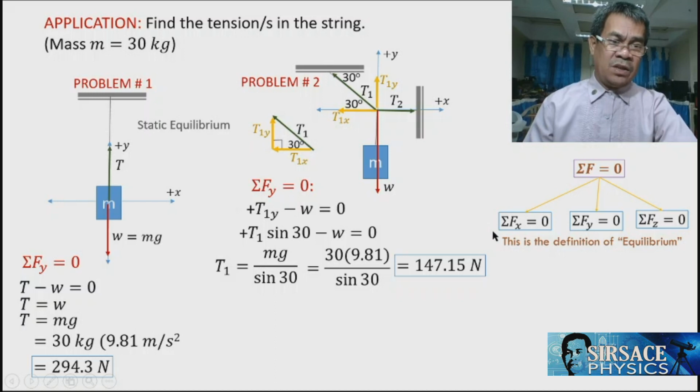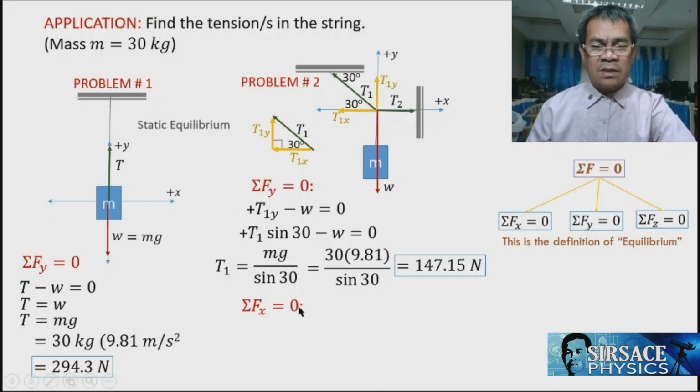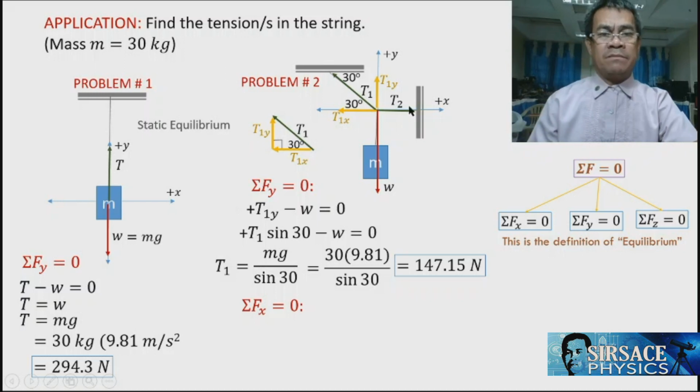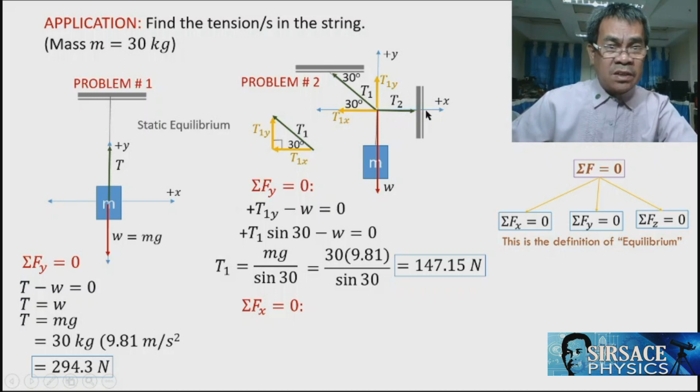This time, we use the summation of forces along x equal to 0. So, what are the forces along x? Summing up all forces along x should be 0. So, meaning identify all the forces along the x. Look at the free body diagram. In the x-axis, there are two forces. We have T2 towards the right, and we have T1x towards left.